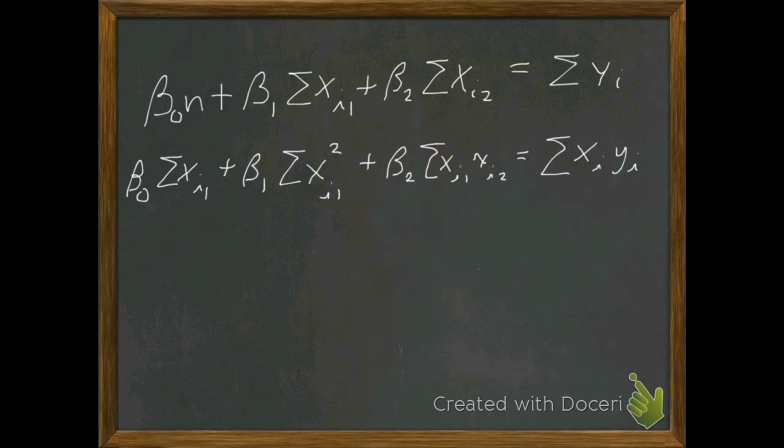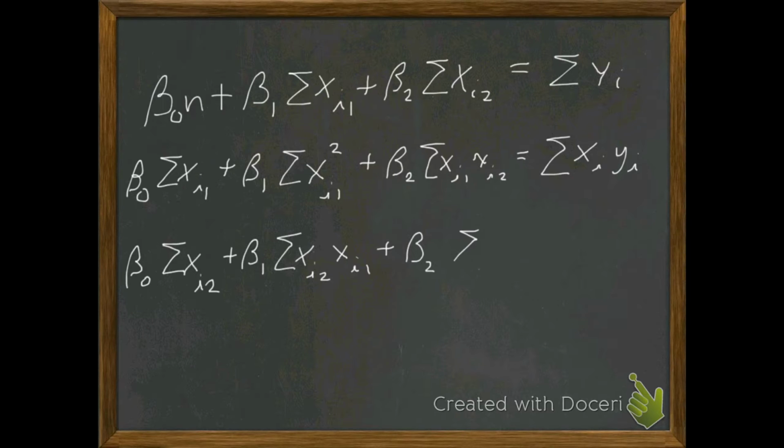And the third one, let's see, I forget, this is going to be xi2 plus beta 1 sum of xi2 xi1 plus beta 2 sum of the xi2 quantity squared, and of course this is going to be equal to the sum of xi2 yi.